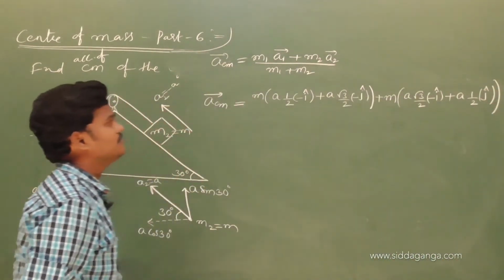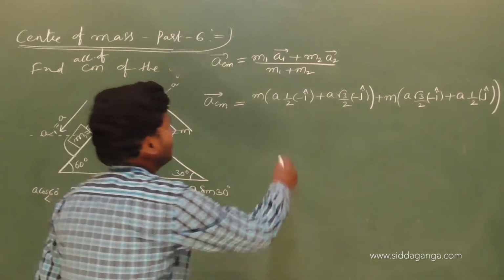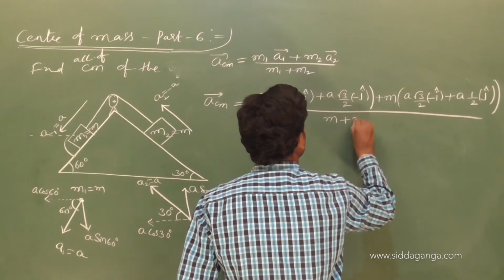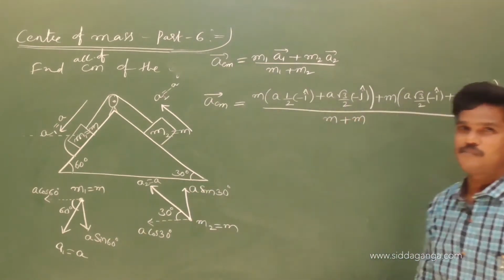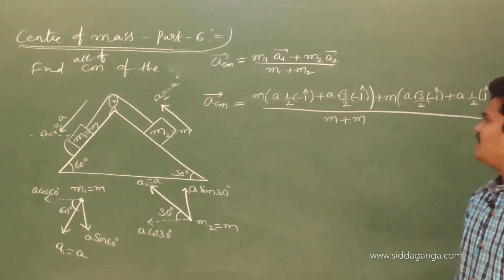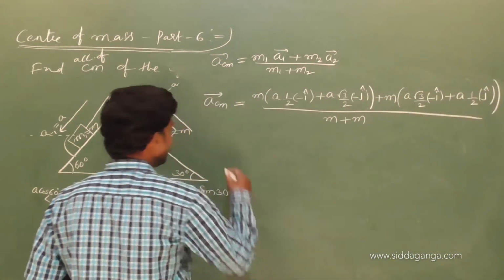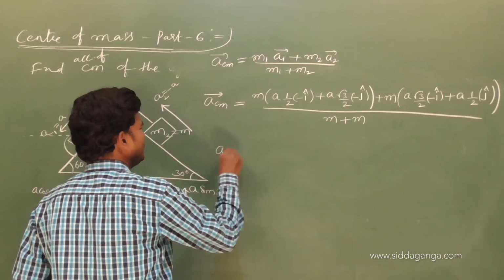Observe carefully, write the correct notation. Divided by the total mass, nothing but m plus m. Take A common. If possible, we take minus also common if it is there. So let me write a_cm bar.